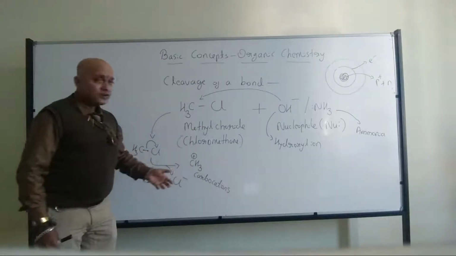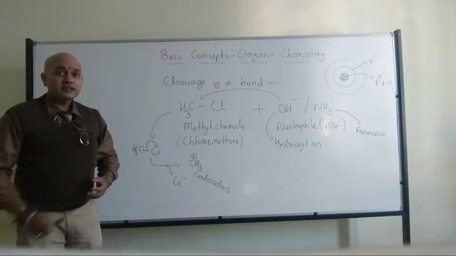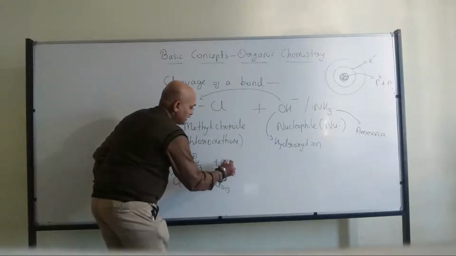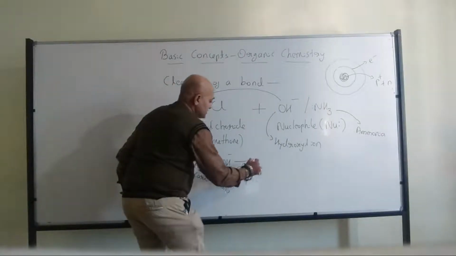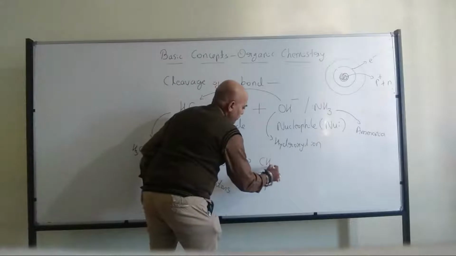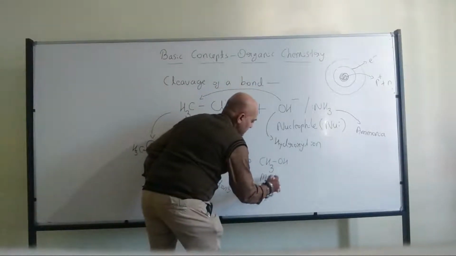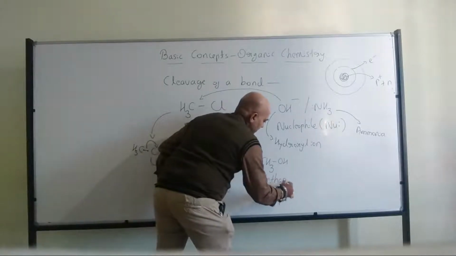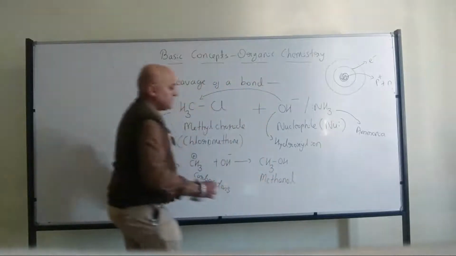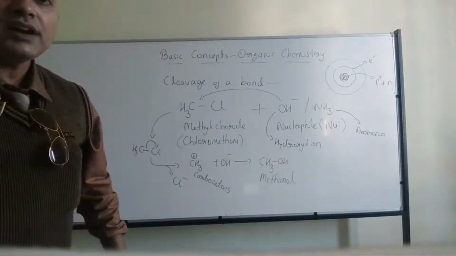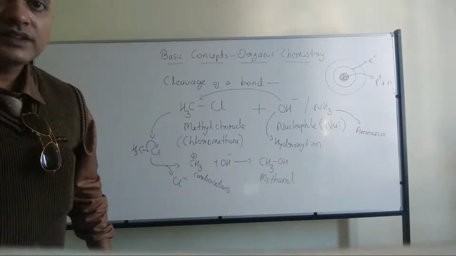Now this carbocation is unstable. So immediately it's going to react with the OH minus to form a new molecule which is called methanol, which is one of the reactions you are going to study in your second period.